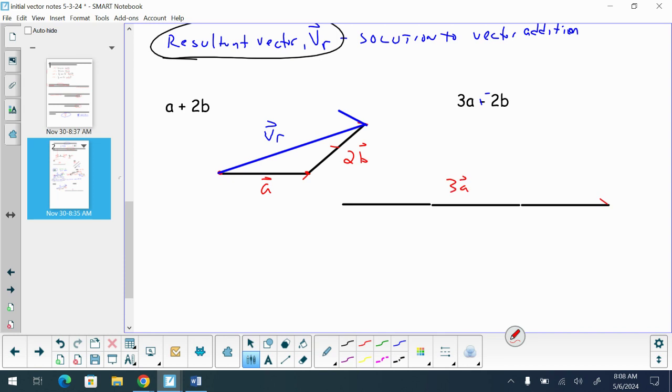So there's your 3 A's. Then we have minus 2 of the B's. So rather than going upwards to the right, you're going downwards to the left. So you draw in 2 of your B's downwards to the left.